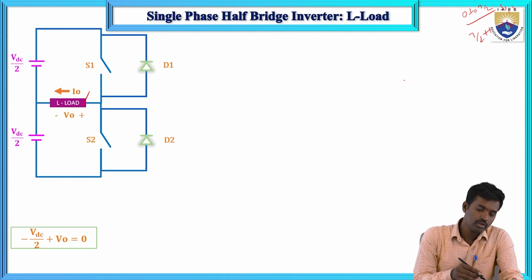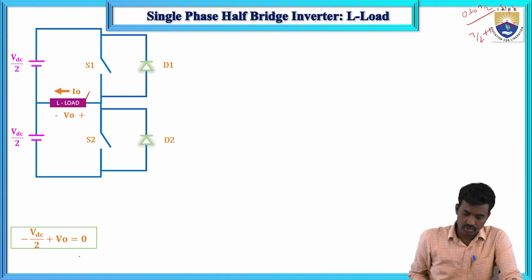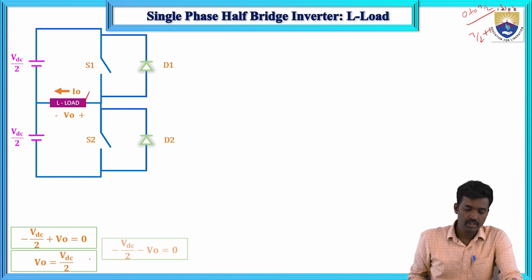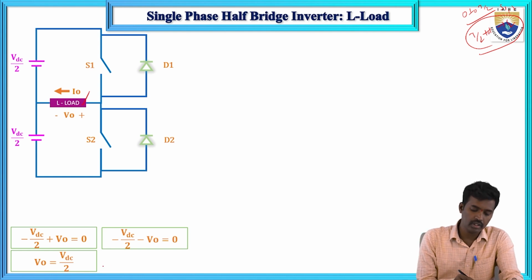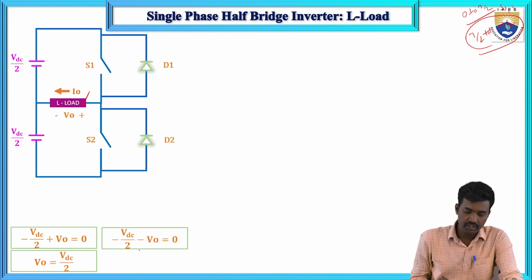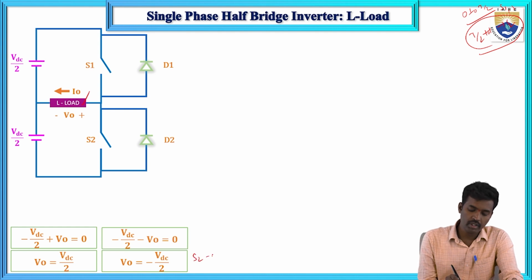During that period, V minus VDC by 2 plus V naught equals 0, so V naught equals VDC by 2. In the same way, during T by 2 to T, S2 will conduct: minus VDC by 2 minus V naught equals 0, and V naught equals minus VDC by 2. Here S2 will be on and S1 will be off.